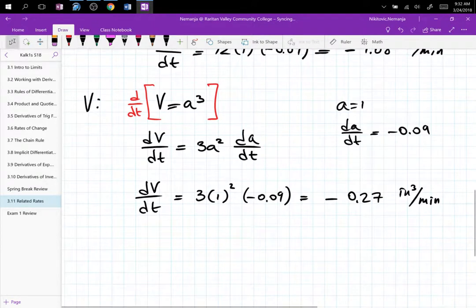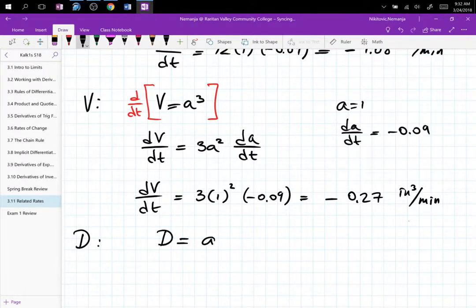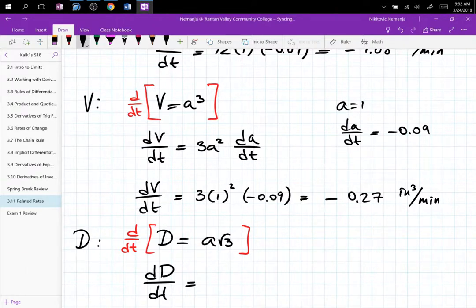And then we said major diagonal. Well, major diagonal was a root 3. Hit that with the derivative in time. Again, we are looking for changes in time, which is the reason why you are taking the time derivative. So we take the derivative in time, we get dD/dt is equal to just root 3 dA/dt.